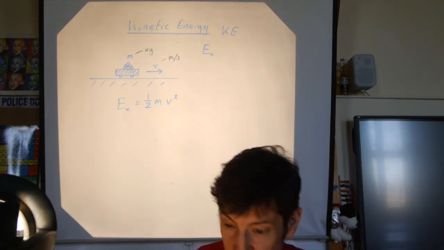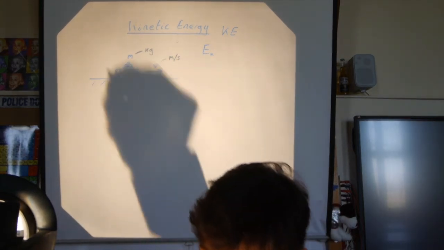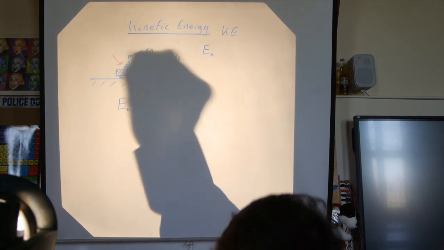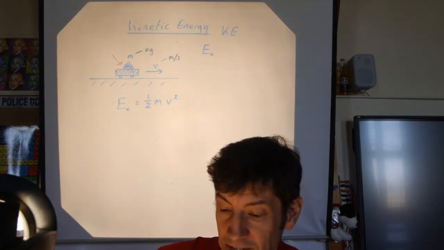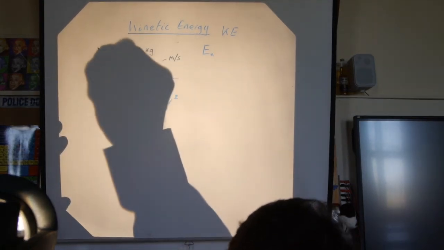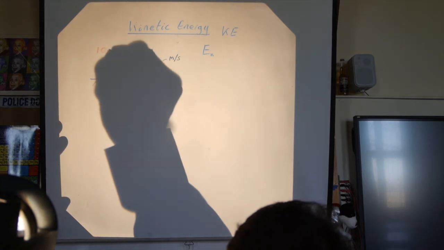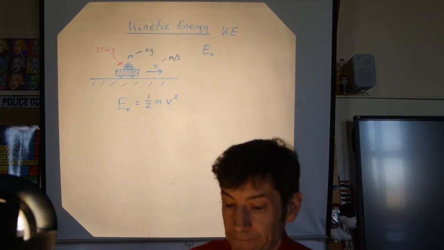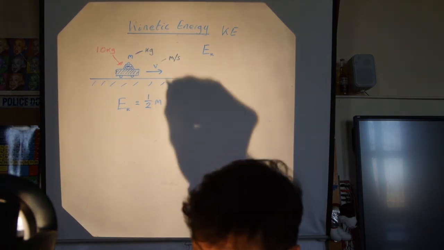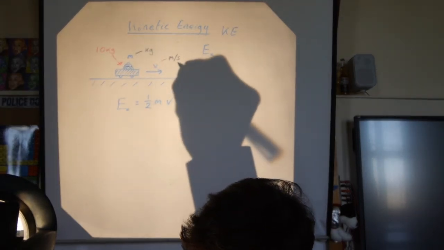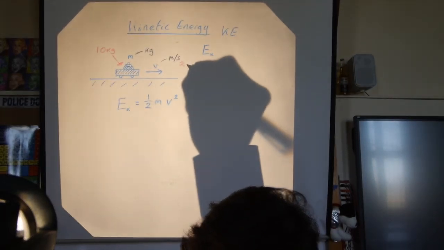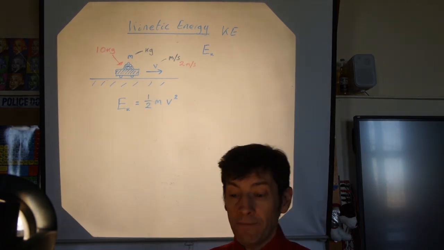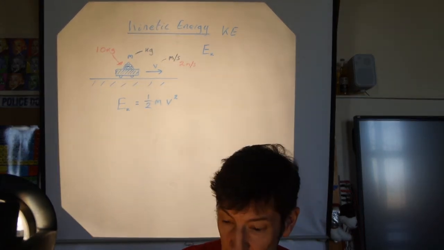So let's very quickly put some numbers in. Let's make the whole of this trolley system 10 kilograms, and let's have it going at, shall we say, 2 meters per second. So that's its velocity. We'll stick the numbers into the equation.